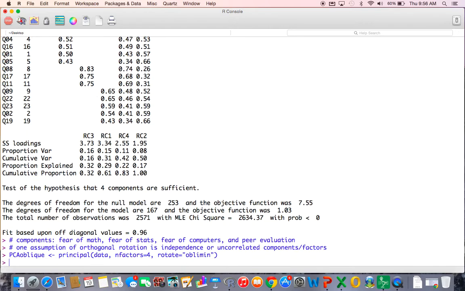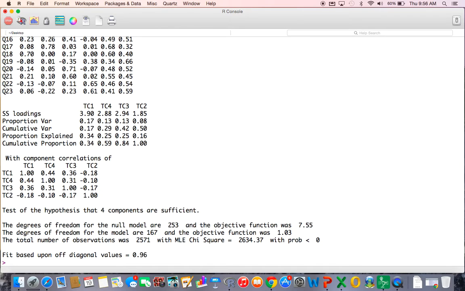Oh, oblimin. Yeah, okay. What I always hope is when I run these that I get the factor loadings that they're very, very similar to what I got from the orthogonal. Because orthogonal is just a rotation that you see presented more often. It's something that's more understood, it seems to be. So that's kind of what I hope for here.